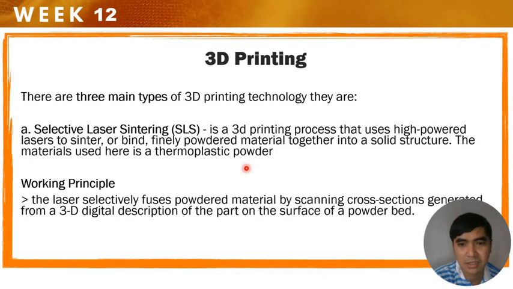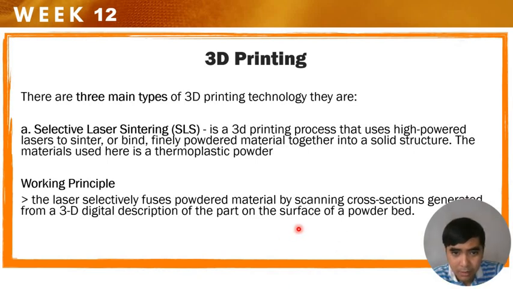So this process, SLS, cannot be done in a portable way, because it requires a large 3D printer, since it utilizes a high-powered laser and produces a high temperature because of the strong laser beam. So what is the working principle here? The laser selectively fuses powdered material by scanning cross-sections generated from a 3D digital description of the part on the surface of the powder bed.